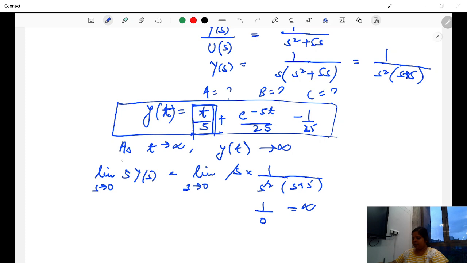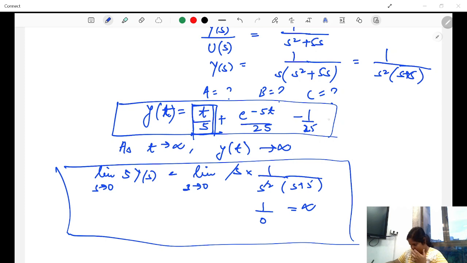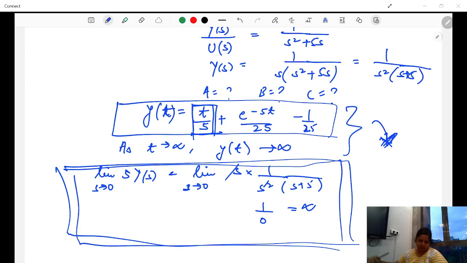So this was relatively easier approach when you want to have final limit theorem as compared to this method where you have to take some transforms and all. If it is sine omega, cos omega, you have to again find out what to use. So all of these things come into account. So this final limit theorem is always helpful.